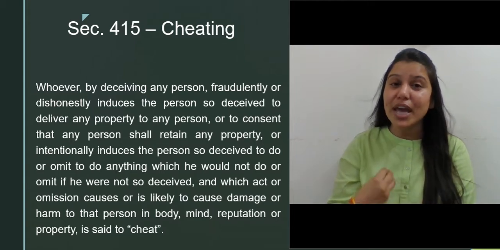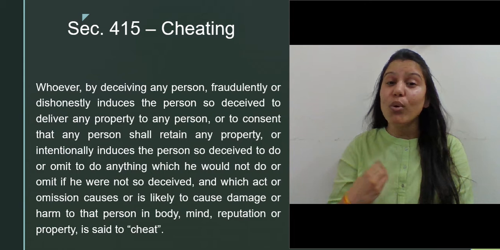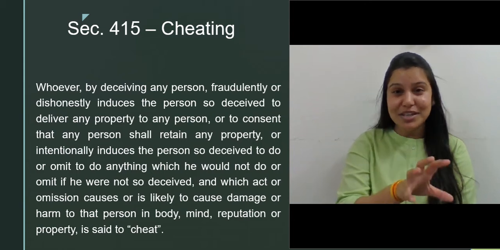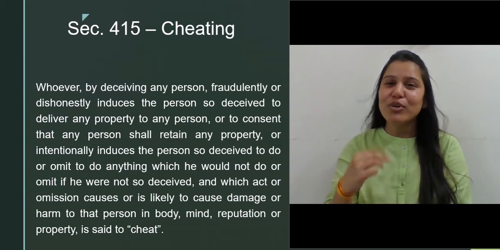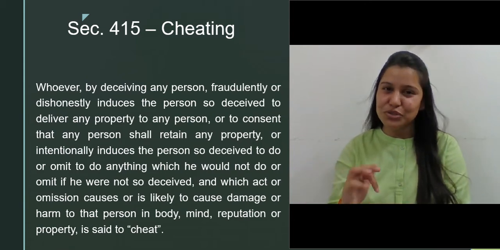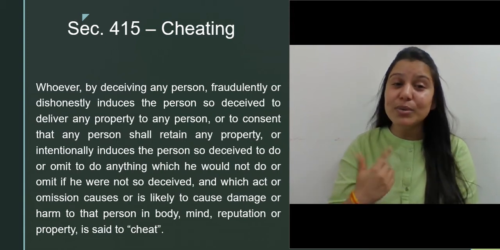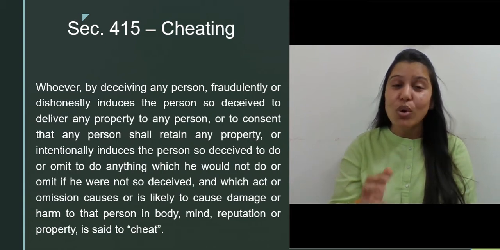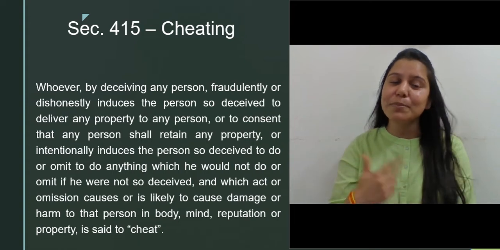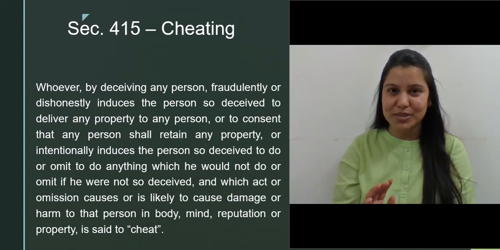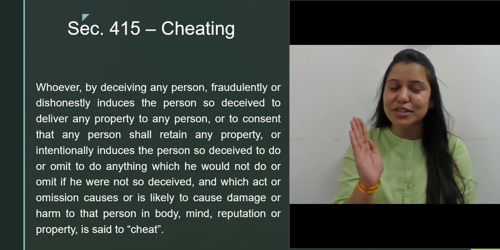Whoever, by deceiving any person fraudulently or dishonestly, two terms, induces the person so deceived to deliver any property to any person, or to consent that any person shall retain any property. This is the first part.